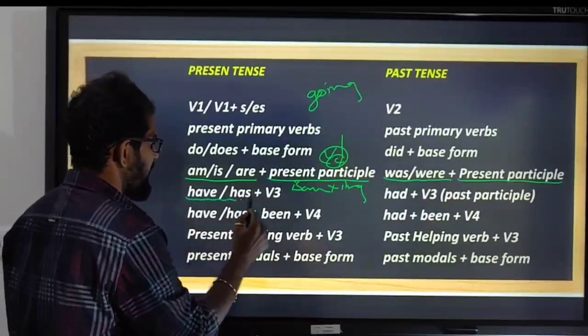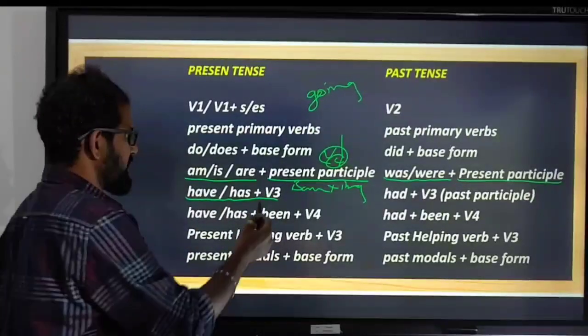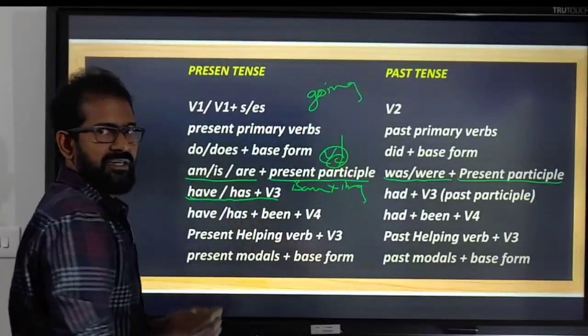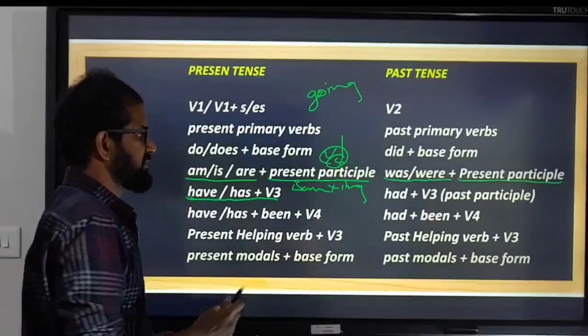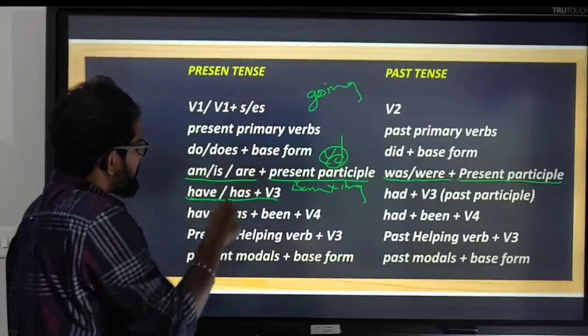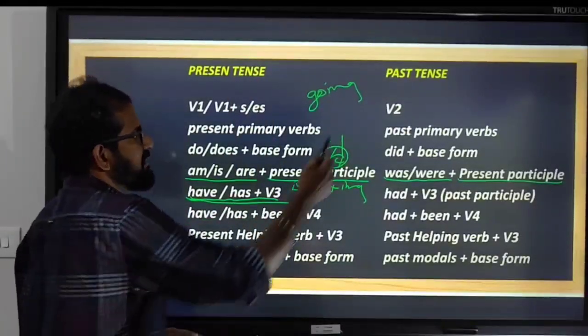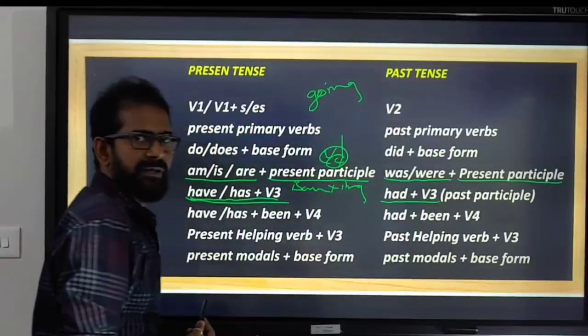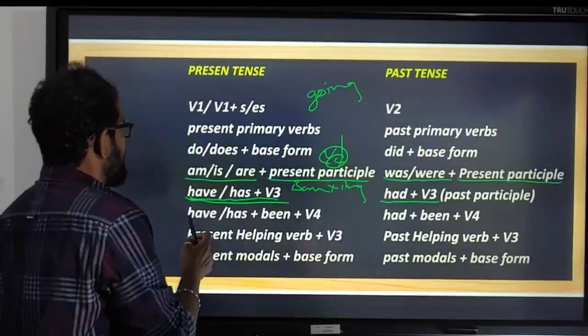Next, have, has plus V3. Have or has plus V3 we use in perfect tenses. When it comes to the present perfect, we use have or has plus V3. When it comes to the past perfect, we use had plus V3.